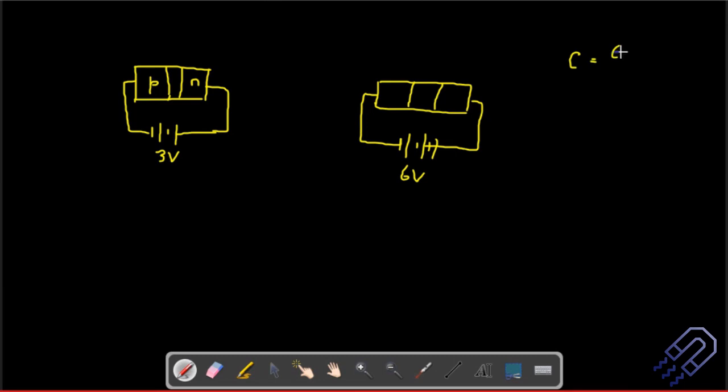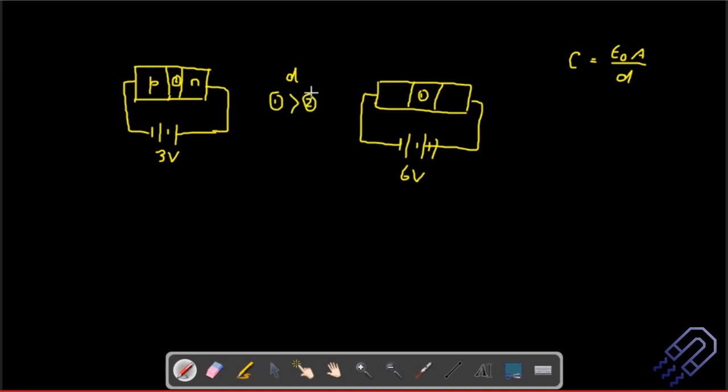Just look into this. C is equal to epsilon naught A divided by D. So here D is more, so the capacitance would be less. This is the first case, and let's say this is the second case. D is basically more in the first case compared to the second case.